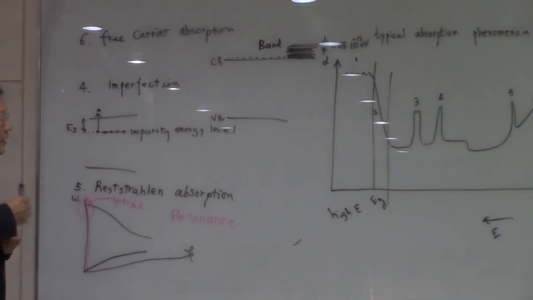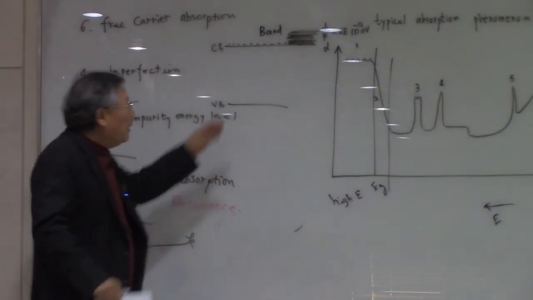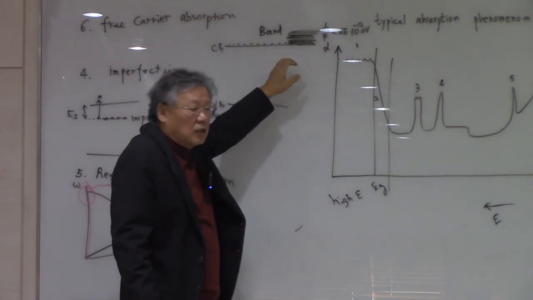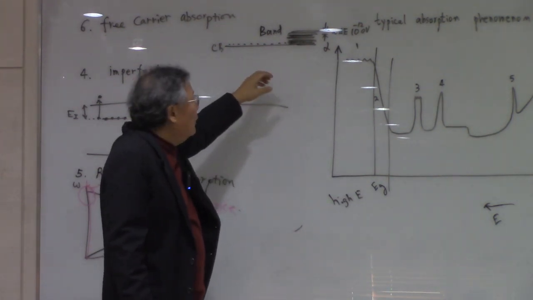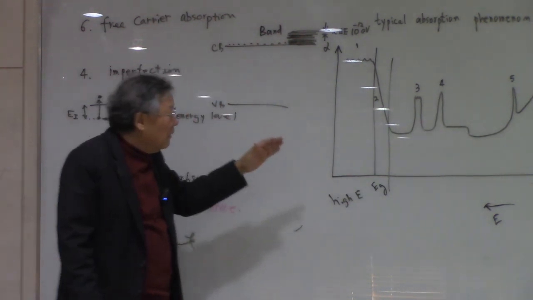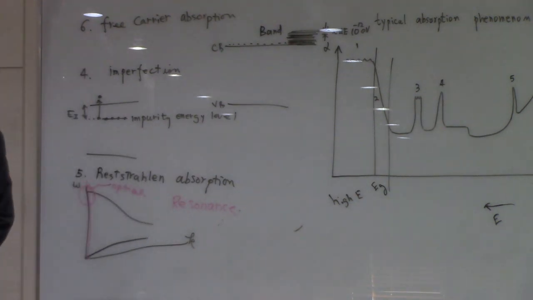So light can be absorbed, and that is going to be called free carrier absorption. And as you can see, if you have a considerable amount of free electrons, these electrons can absorb the light continuously, even if the light energy is small.